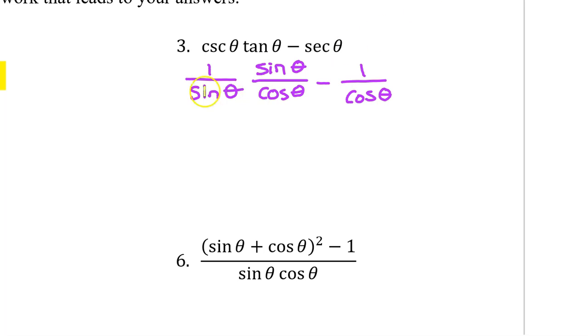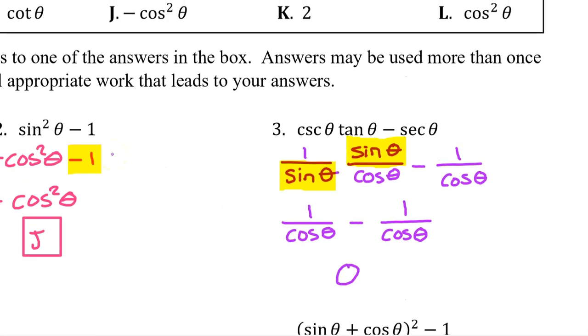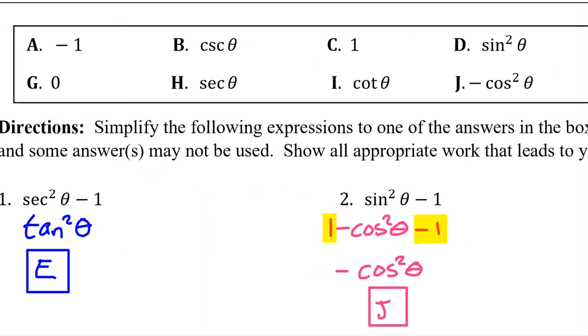Now I'm noticing that we have a sine theta in the denominator and sine theta in the numerator, which will cancel each other out. On the next step, we have 1 over cosine theta minus 1 over cosine theta. Obviously, if you have anything minus itself, that is 0. So let's see if that's one of the options. I was losing hope for a second. The answer is G.